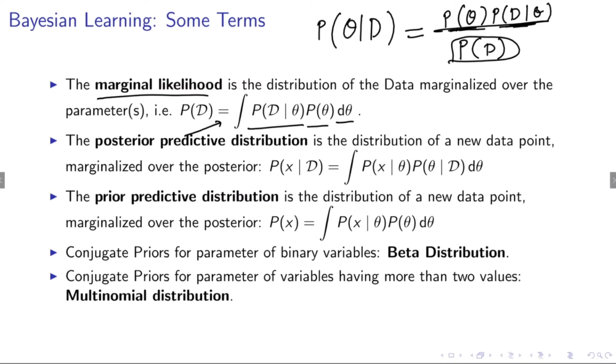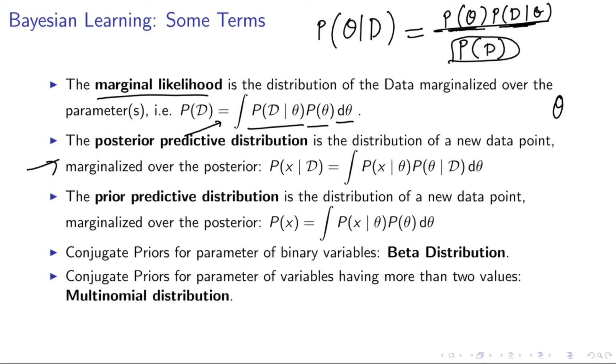The posterior predictive distribution is the distribution of generating a new data point. This is important because this is the way you can sample when you have a model learned using the Bayesian learning approach rather than the MLE approach. In the MLE approach, you are going to get a value of theta, and from that value you can directly sample and generate samples of heads and tails and so on.